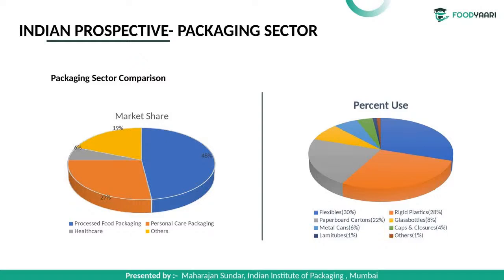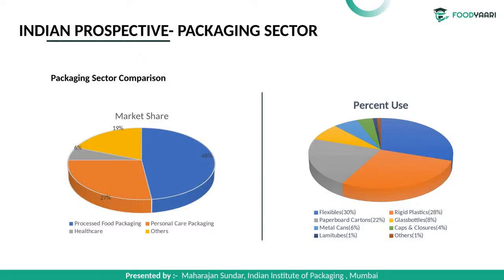And what are the materials or the types of packaging used for packaging of food? In general, flexibles occupy 30%. It is the major food packaging medium.